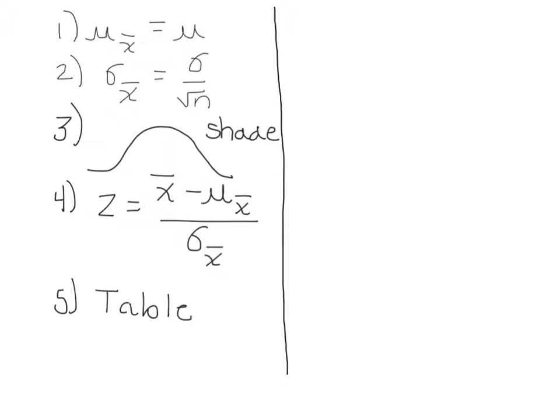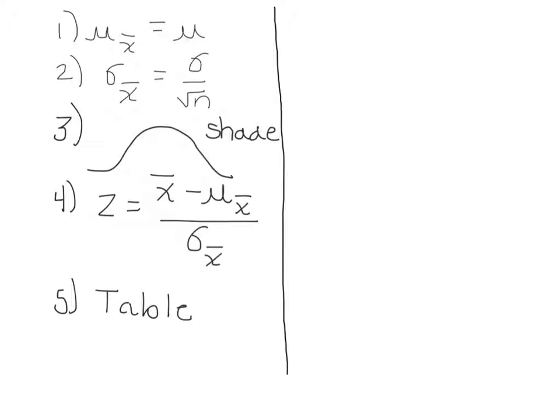But this particular type of question is not about the sampling distribution for sample means, but rather it's about the sampling distribution for sample proportions. That's when they give you information about the percent in a population and the percent in a sample, and how likely is it that you get a sample percent that large or larger, or that small or smaller, and so on. So an example might be as follows.